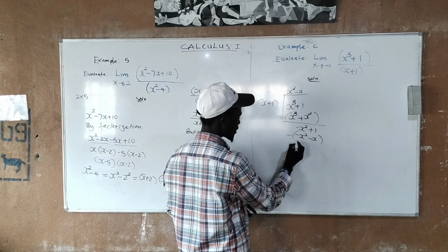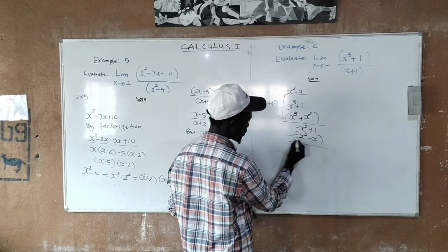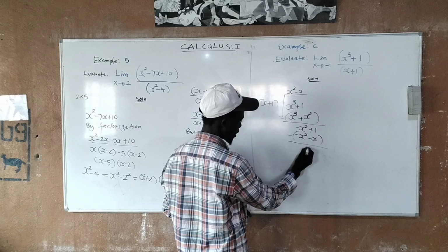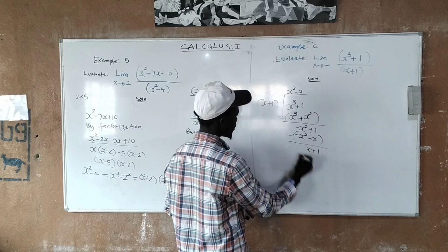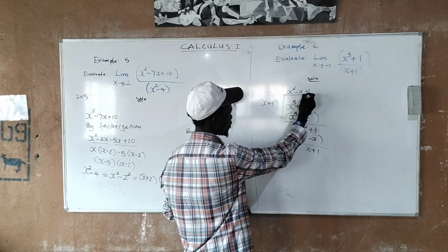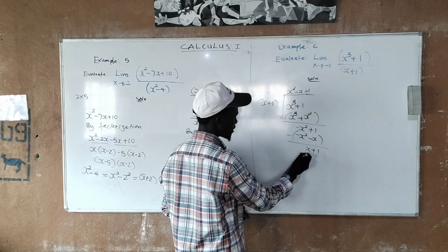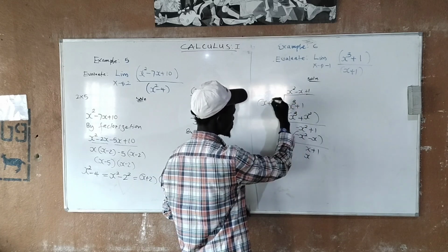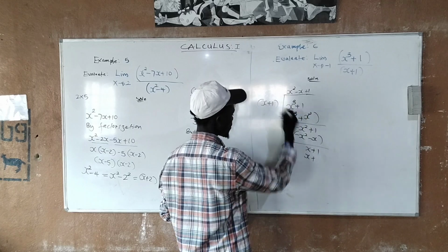Let's group them and subtract also. This is 0, and the sign becomes plus, so this is plus x plus 1. The same thing, how many times does x go into x? It is 1 time. So 1 times x is x, and 1 times 1 is 1.